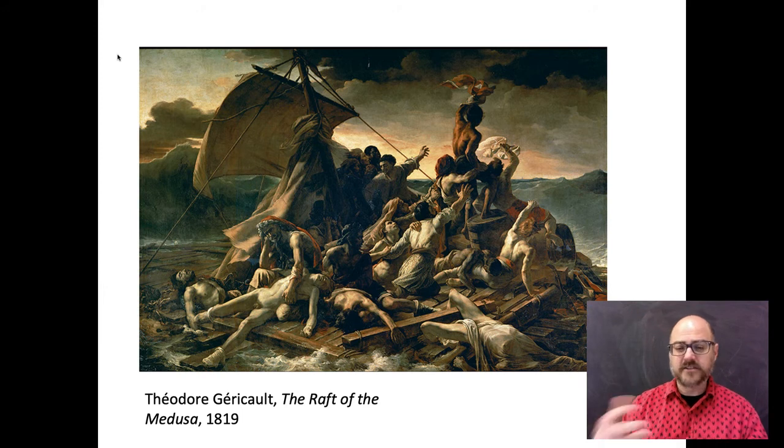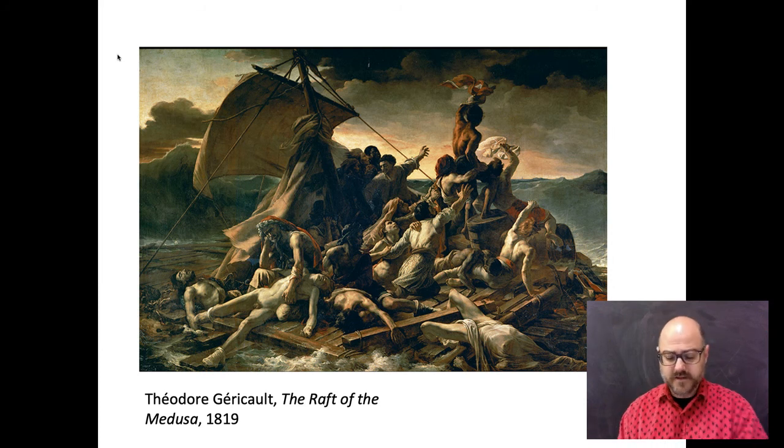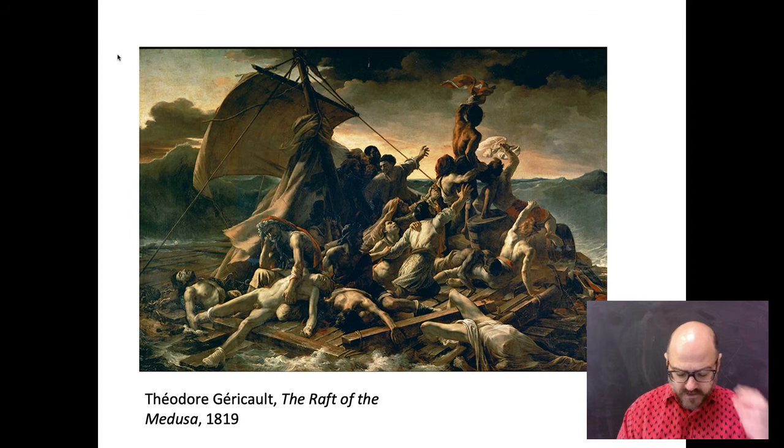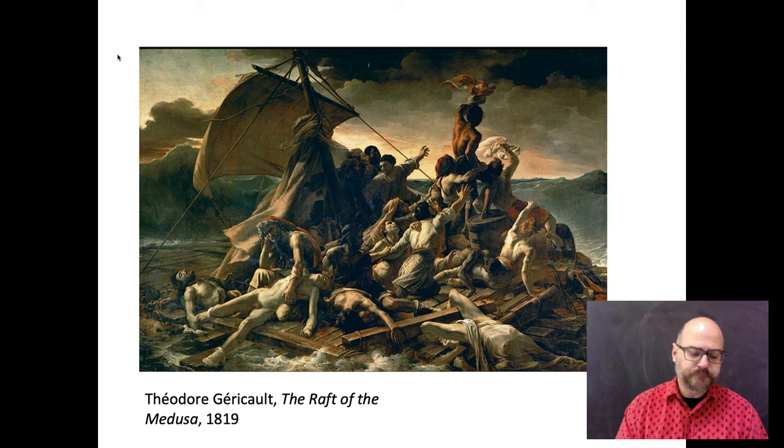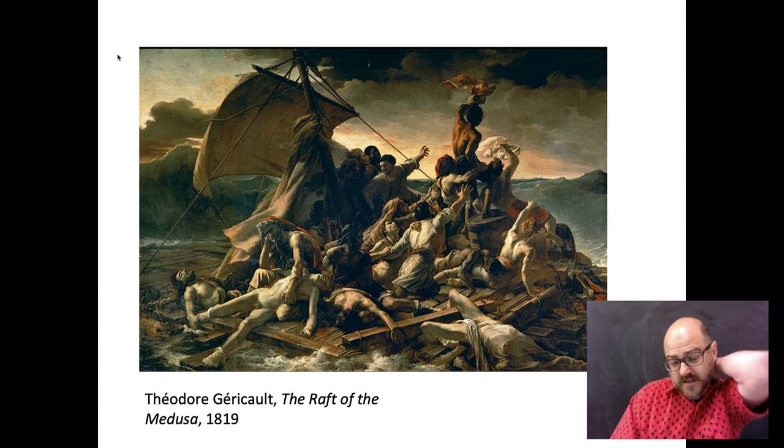Instead, they took the few lifeboats that there were and left everyone else out to die. The 150 people that were left cobbled together, quickly built a raft that they then used to try to survive this shipwreck, the ship going down in the middle of the sea.